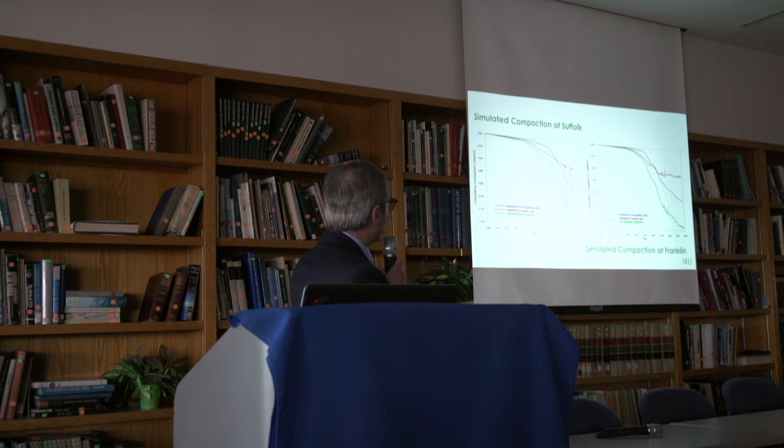So again, just to illustrate from our model data, the actual simulation impact of the elastic and inelastic components. What you see here is the green line represents total simulated compaction, and the red line is the compaction of the aquifer units, and that's the part that's recoverable.